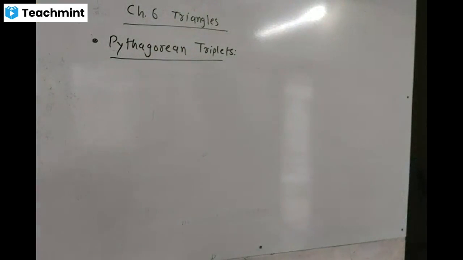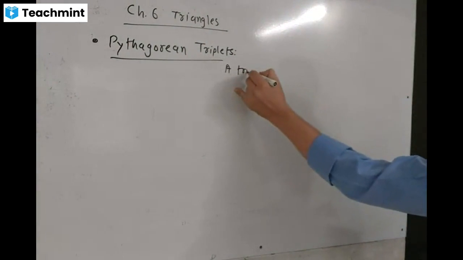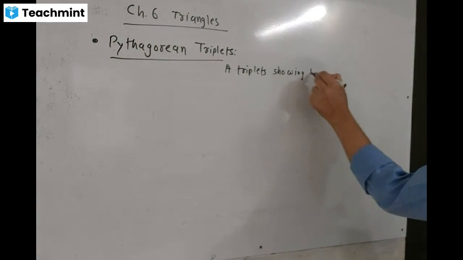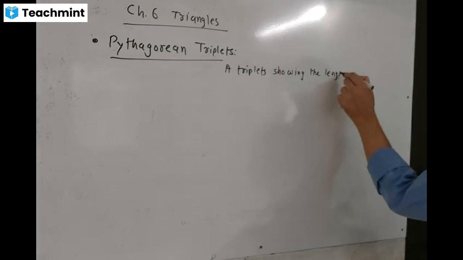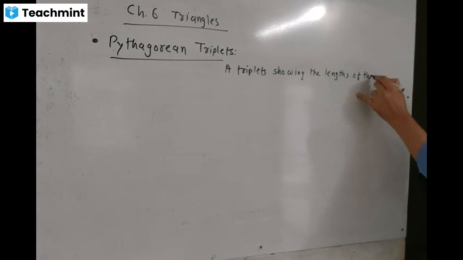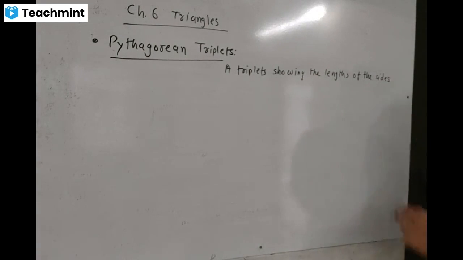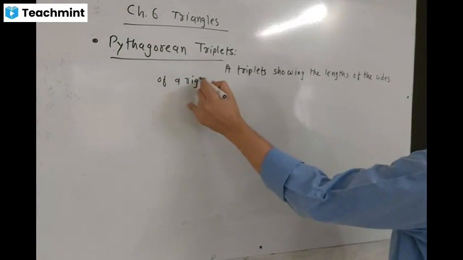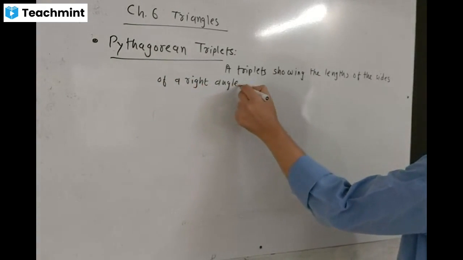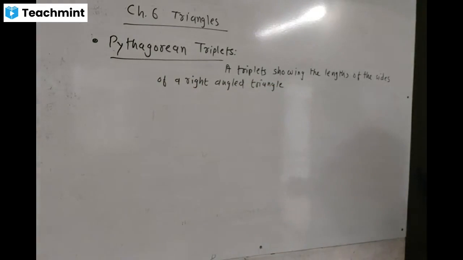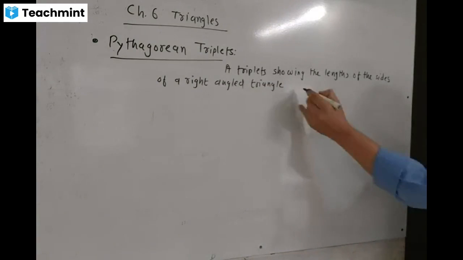Pythagorean triplet. A triplet showing the lengths of the sides of a right angle triangle is called a Pythagorean triplet.